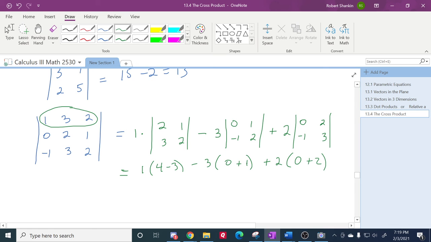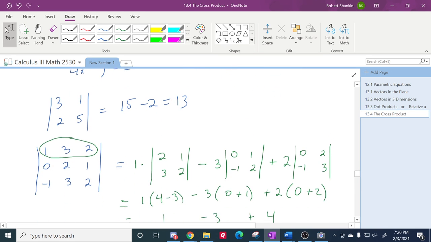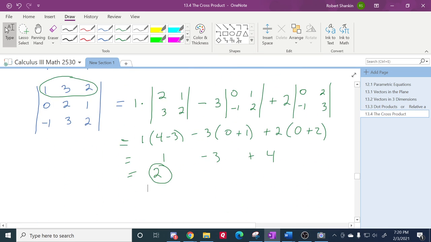So this was minus a negative, and this was minus a negative. And negative 2 and 4 is 2. So the determinant of this 3 by 3 right here turned out to be 2.